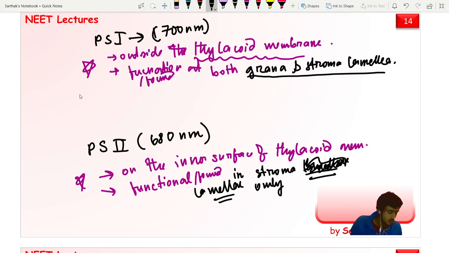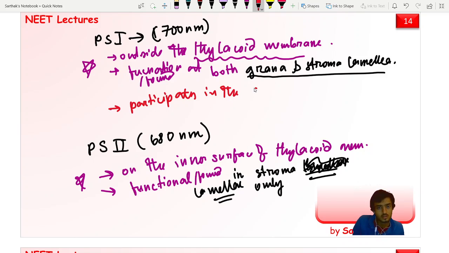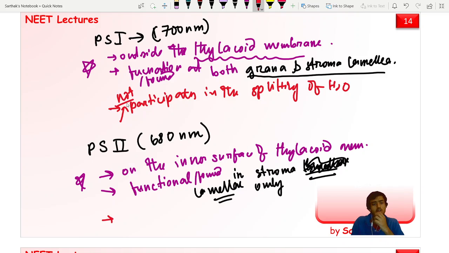Okay, and photosystem 1 does not participate in the splitting of water.